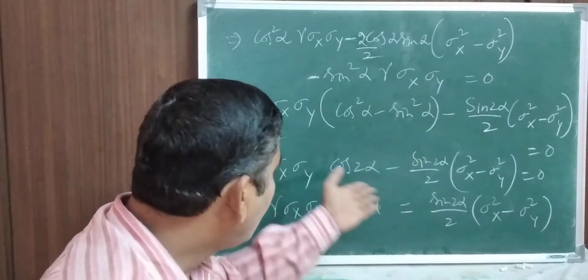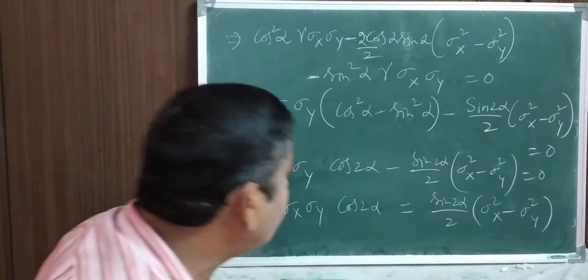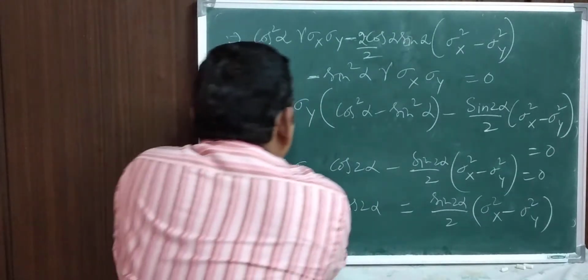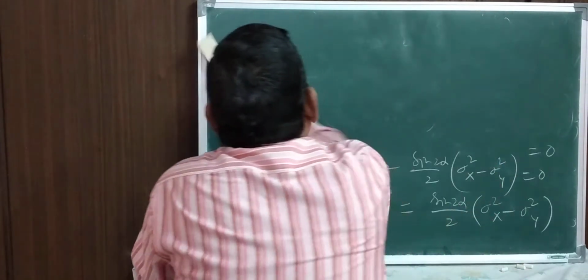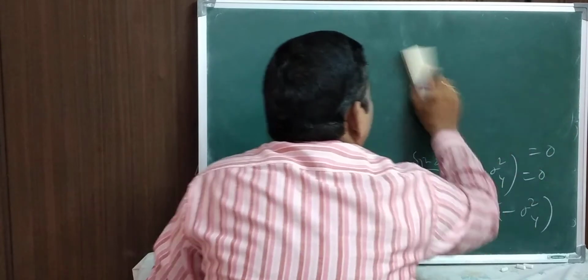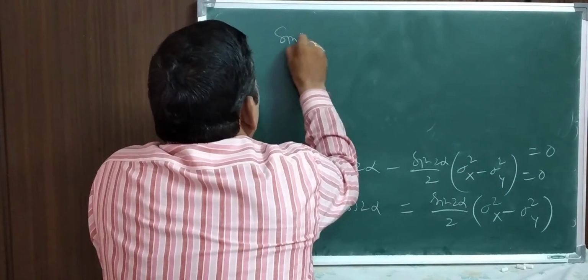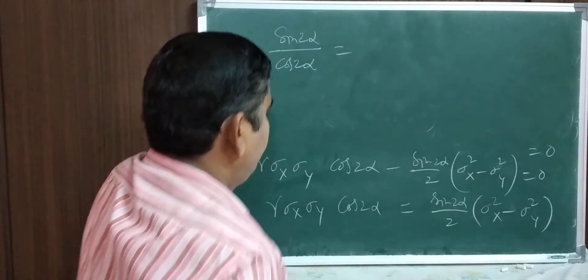So I take this cos 2 alpha and the remaining terms to the other side. What you will get is sin 2 alpha by cos 2 alpha.